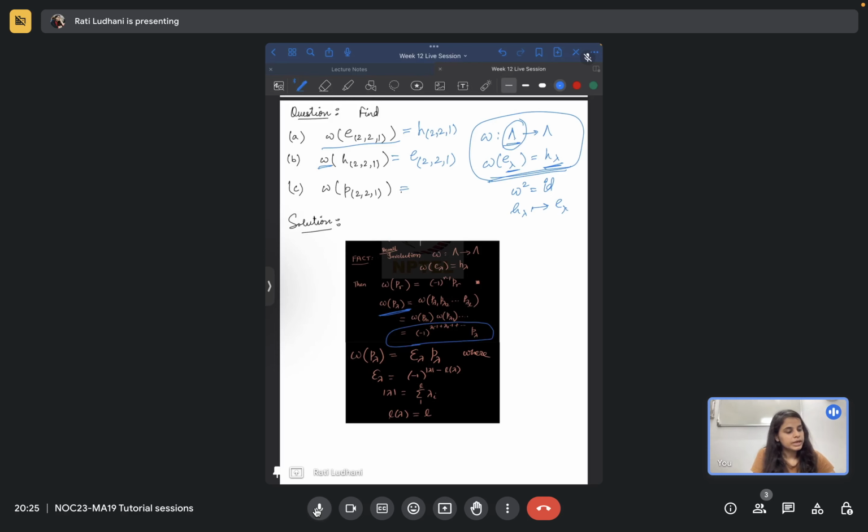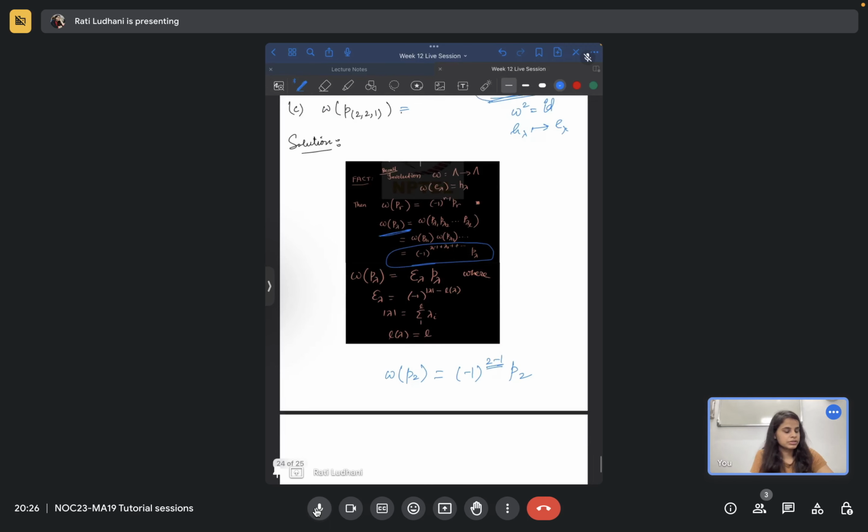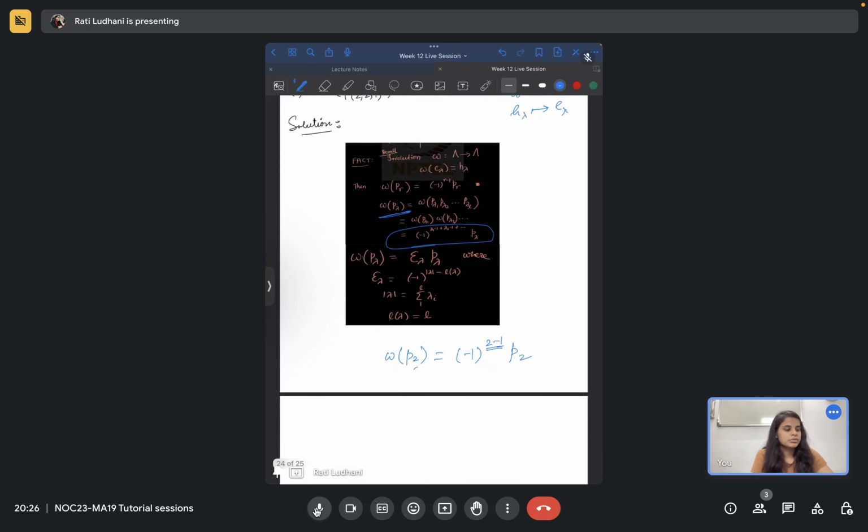So for any value, for example, if you have just p2, you'll get minus 1 raised to the power lambda minus 1 times p lambda. It's just changing the signs, considering the sign of maybe the value.